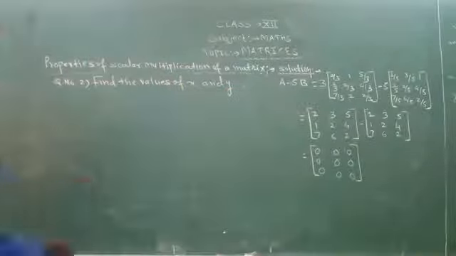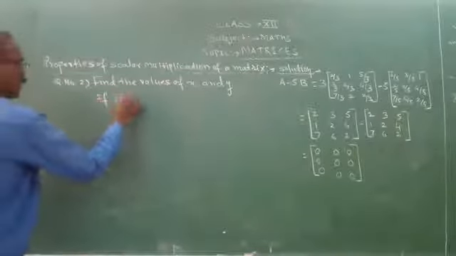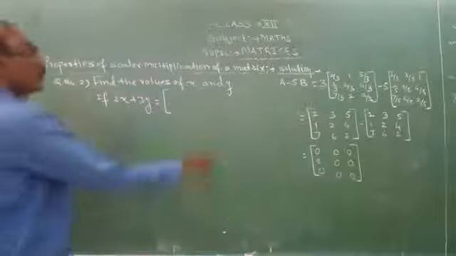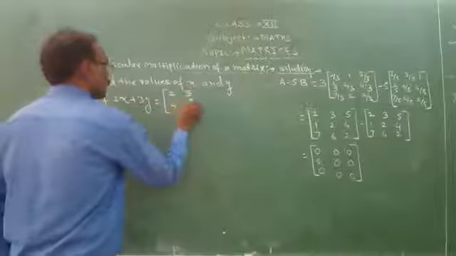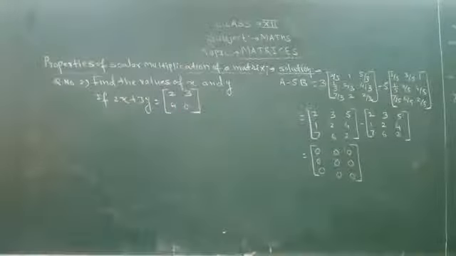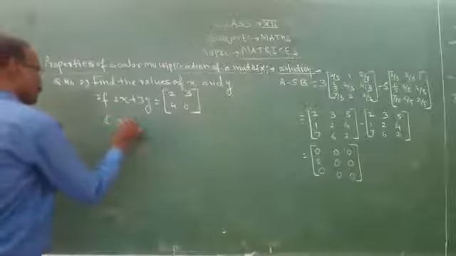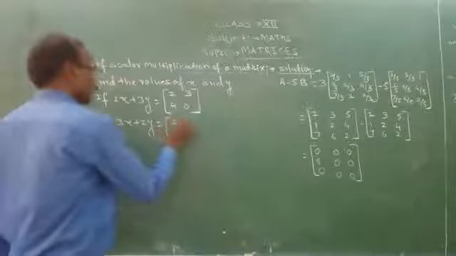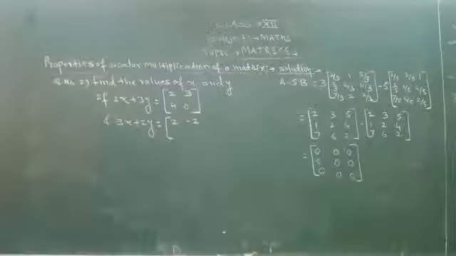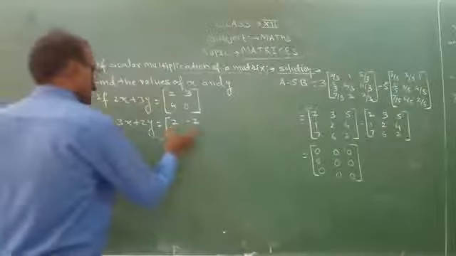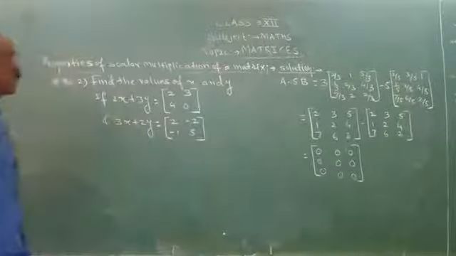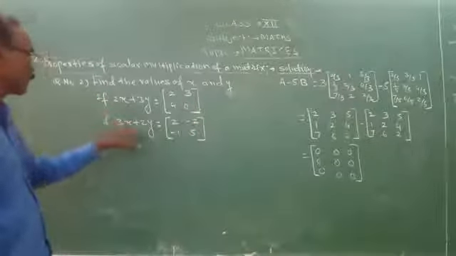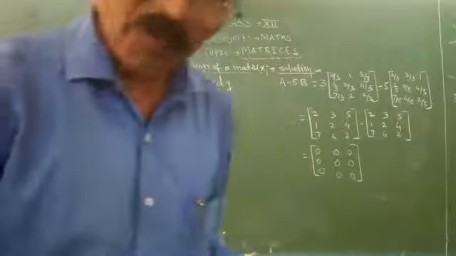Suppose 2x plus 3y is given in the form of the matrix 2 3 4 0, and 3x plus 2y is also given in the form of the matrix 2 minus 2, minus 1 5. You have to solve this.